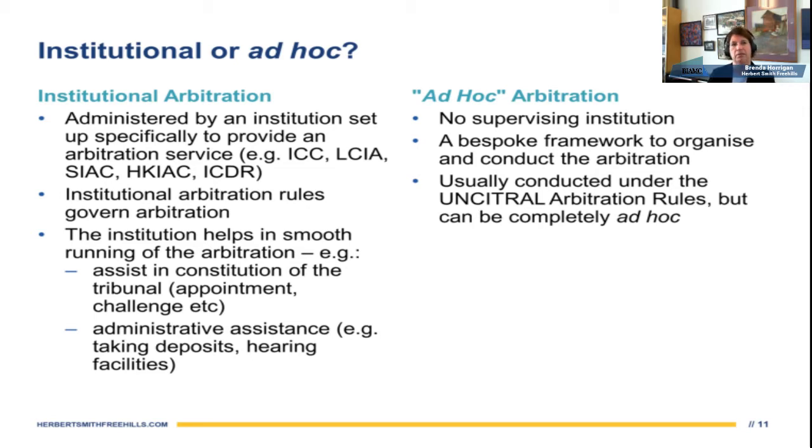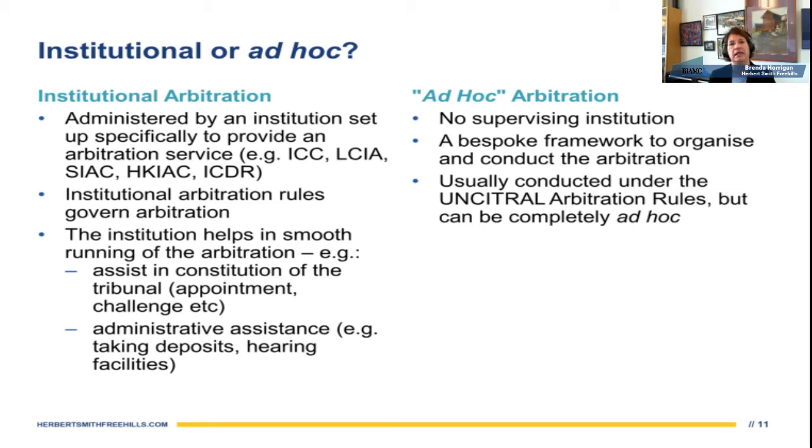As you might tell from the names, institutional arbitration means that there's an institution that's established that administers the arbitration. They don't conduct the arbitration, but they administer some of the background services connected to the arbitration. So they hold deposits on behalf of the arbitrators, they assist with correspondence, they assist with the interactions between the tribunal and the parties.